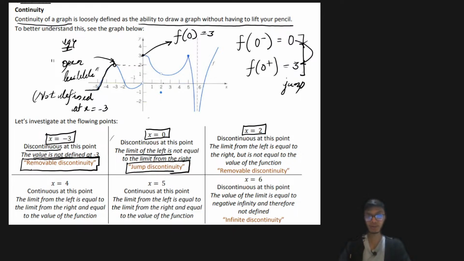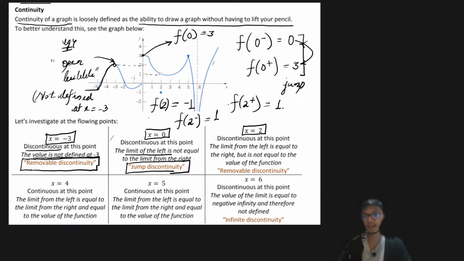Now let us come to x equals 2. If you look at x equals 2, again it's the same thing. At x equals 2, the value is equal to minus 1, whereas at values of x less than 2, the function is almost equal to 1, and at values of x 2 plus, which is a little bit greater than 2, the function value is equal to 1.